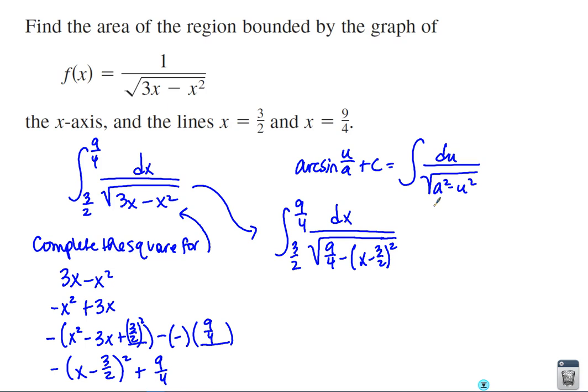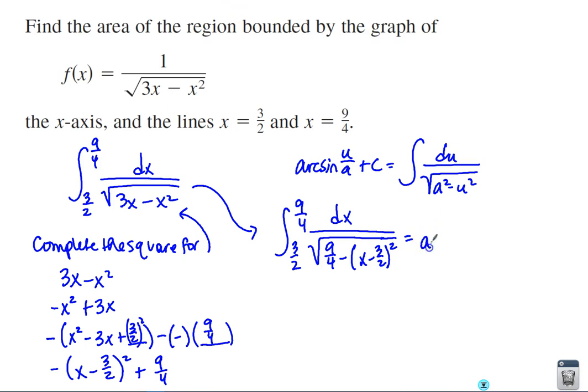So what I'm going to do is recognize, if I wanted to, I could just go ahead and solve this from here. Yeah, I think I will actually. So a is this guy, a squared is here, u squared is here. So this is going to turn into 1, no, that's arctan. My bad.